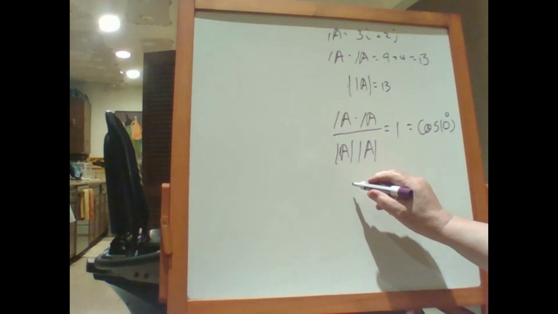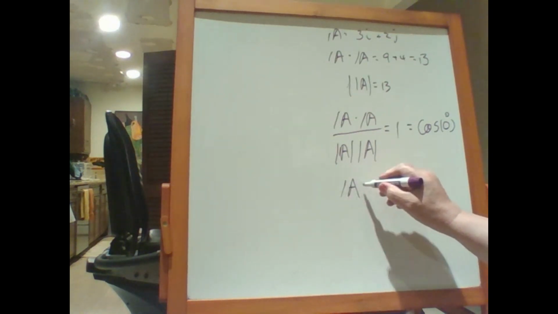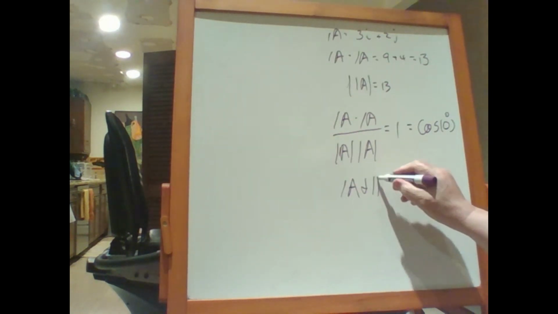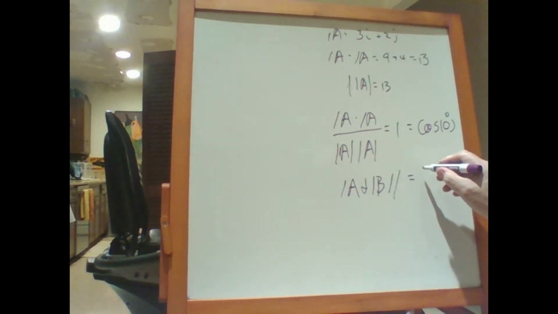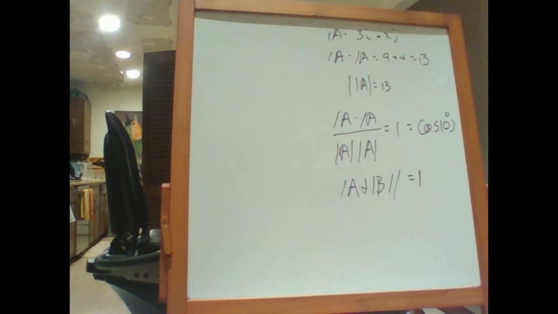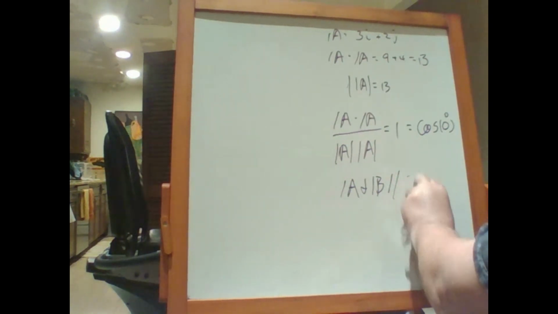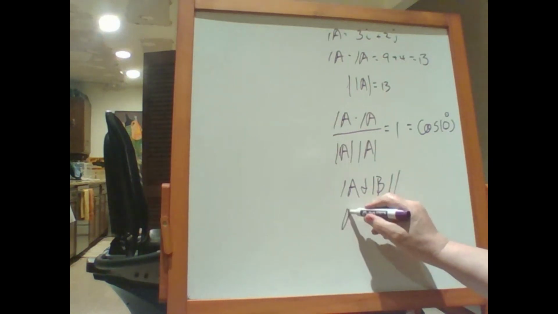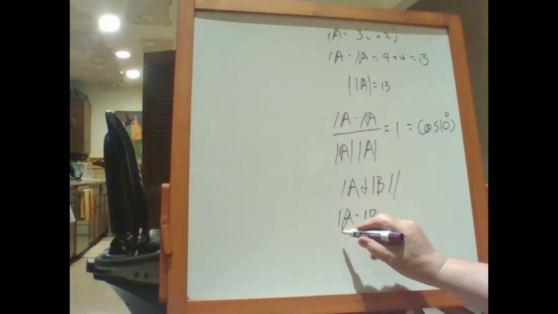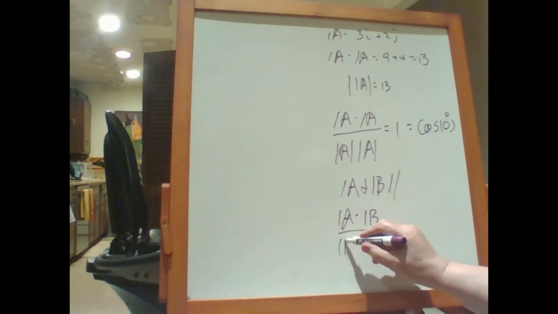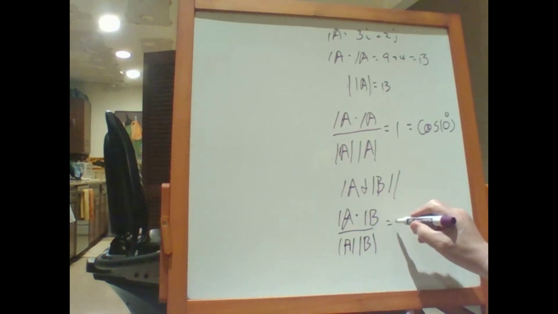So if A and B are parallel, they'll equal 1. So A dot B over the magnitude of A and the magnitude of B is equal to 1.